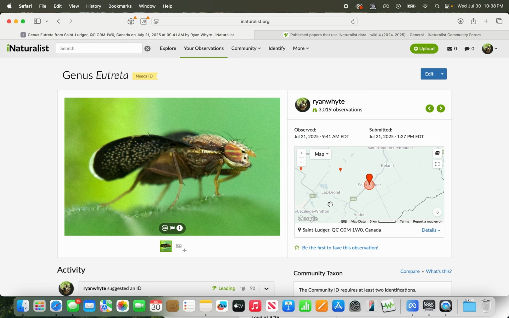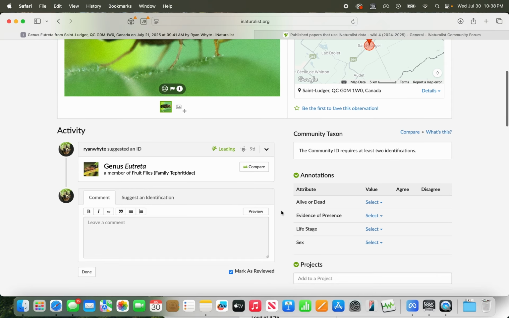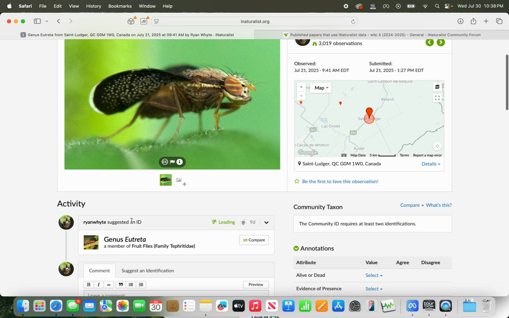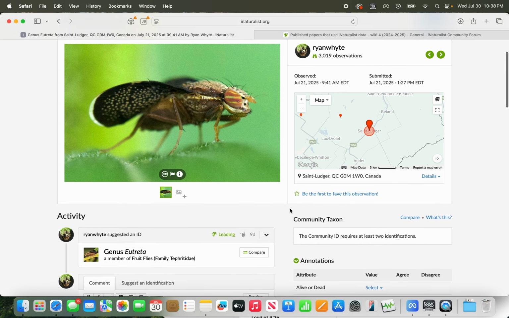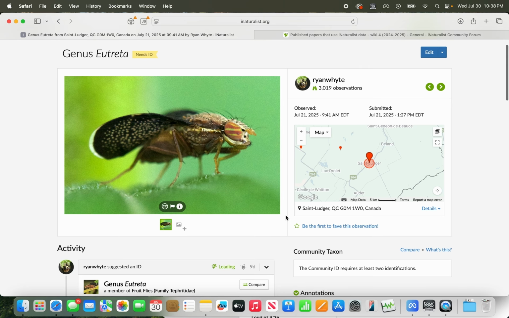And what you see then is under the activity feed, first of all, your suggested identification based either on what the machine has suggested or you. In this case, I don't know this species well. It's a species of fruit fly. I've never observed one before.